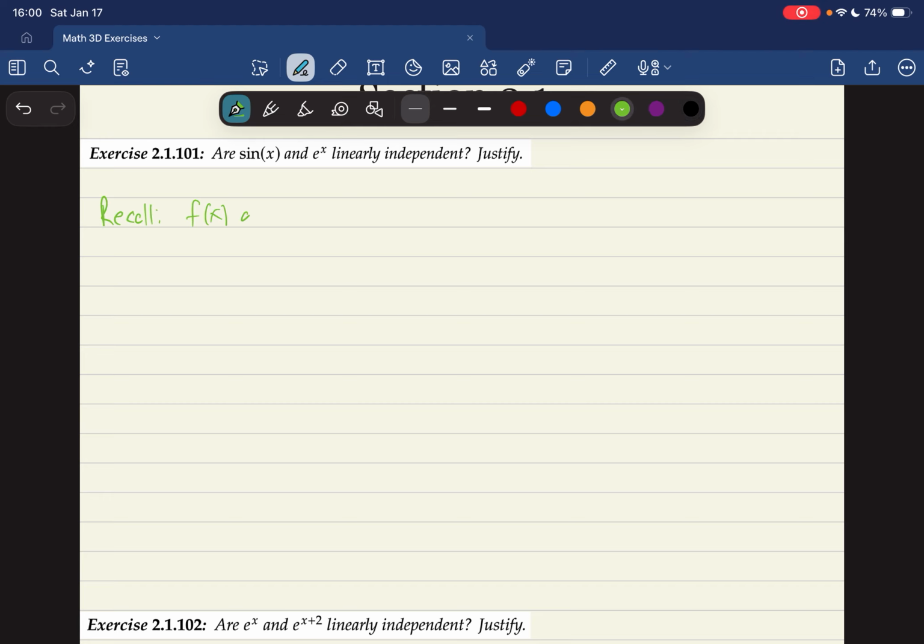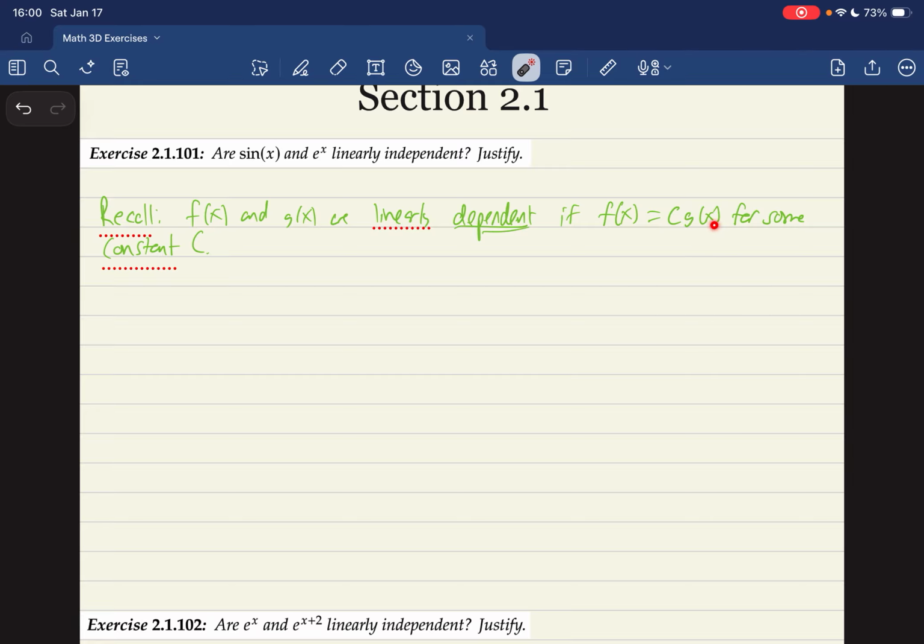f of x and g of x are linearly dependent, so the opposite of independence, if we can write f of x equals c times g of x for some constant c. And here what's being implied is that this should be true for every possible value of x that you can plug in to the domains of f and g.